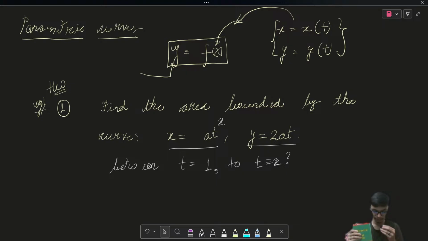Can you see the book, Tejas? Can you see the book over here? I think it's difficult to show the book, right?